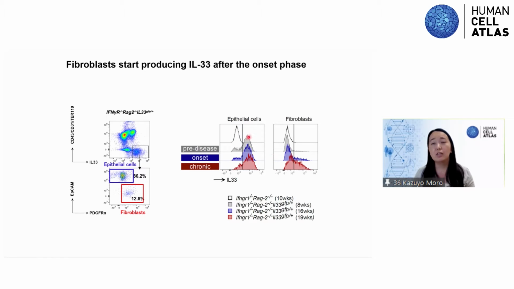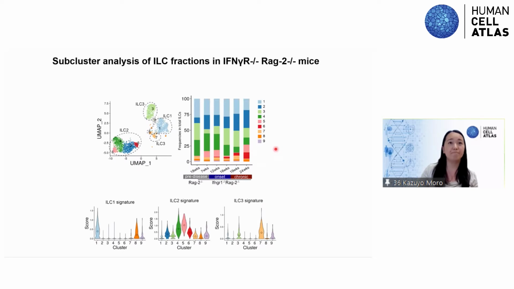And interestingly, the expression level didn't change in epithelial cells in 3 different stages, but in the fibroblasts, the expression starts at the onset phase and becomes higher in the chronic phase, which means that IL-33 from fibroblasts might be involved in the exacerbation of this disease.